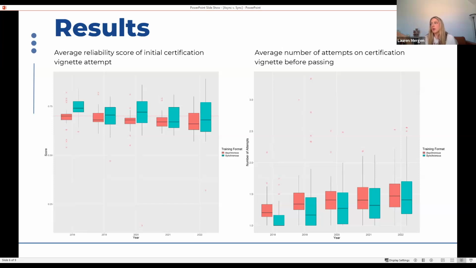If we move over to the right-hand side, we're looking at the average number of attempts on the certification vignette before passing. So same sort of thing here. You can see that 2018 is the only outlier between the groups.